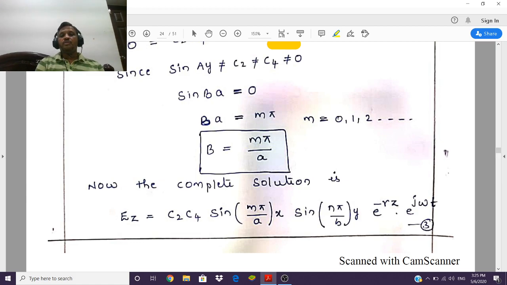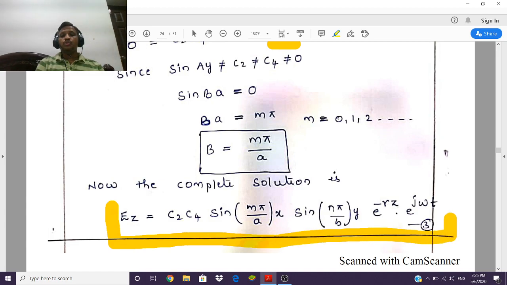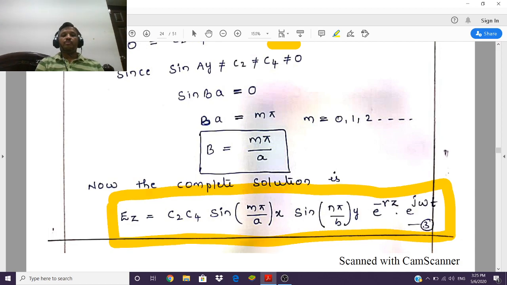There a is equal to n pi by b, and as it is a wave that is exponentially reducing in the direction of z, we should even multiply with e power minus gamma z. As it is a time varying function, you have to even write e power j omega t, and this will be the complete solution of the transverse magnetic mode of operation.